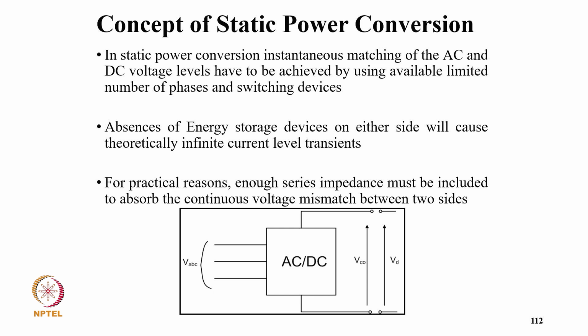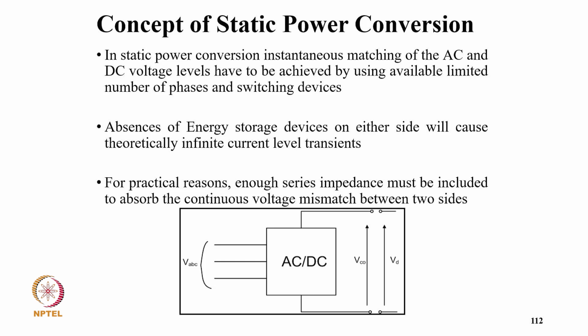Now the concept of static power conversion: instantaneous matching of the AC and DC voltage levels has to be achieved using a limited number of phases and switching devices. The absence of an energy storage device on either side would theoretically cause infinite current, so for practical reasons enough series impedance must be included to absorb the continuous voltage mismatch between the two sides.